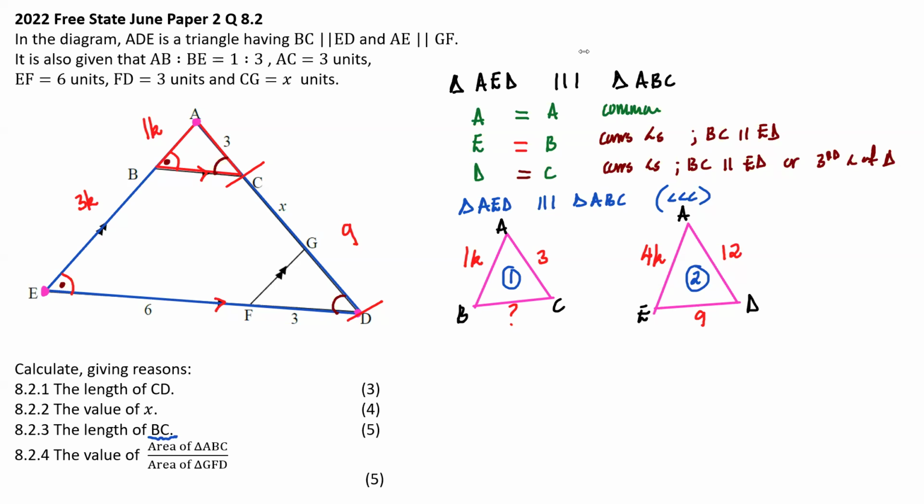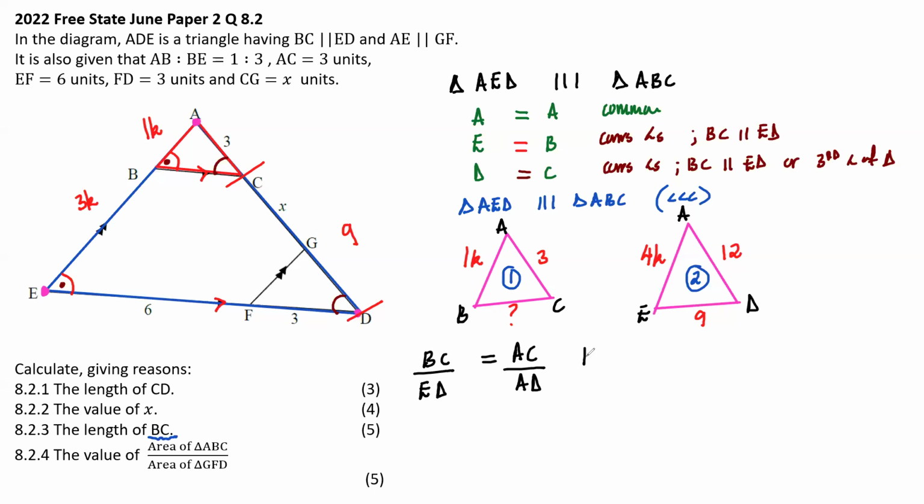So let's start with our first triangle. What am I looking for? BC. So let's start with BC then. BC over ED is equal to, go back. You started in triangle number 1. BC over ED, I can pick AC because I have all the sides. AC over AD.